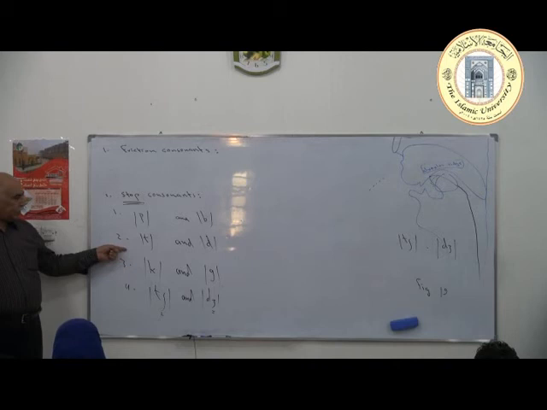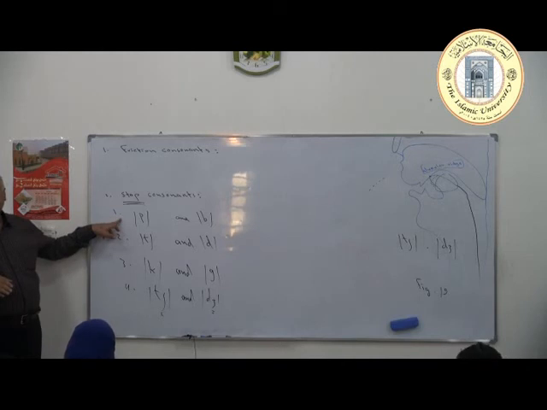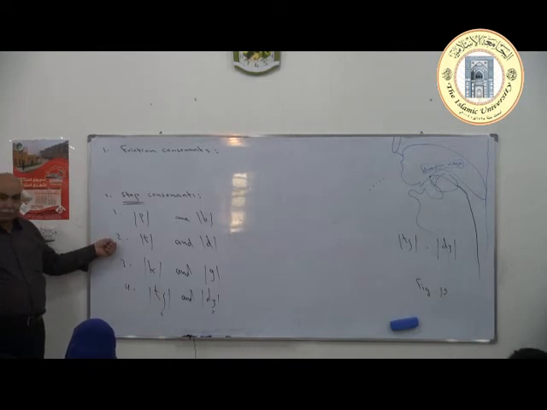T and D. The tongue with the alveolar ridge. Explain as we explained number 1. Okay. Number 2. Stand up.